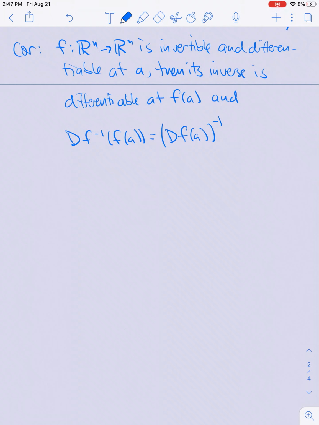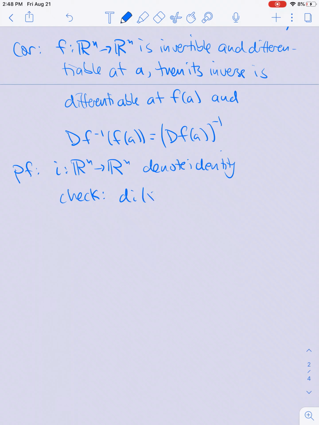So how are we going to prove this? We're going to use the chain rule. So we're going to let I from R^n to R^n denote the identity function. So this just sends points to themselves. And you can check that dI at any point x naught is just the n by n identity matrix.